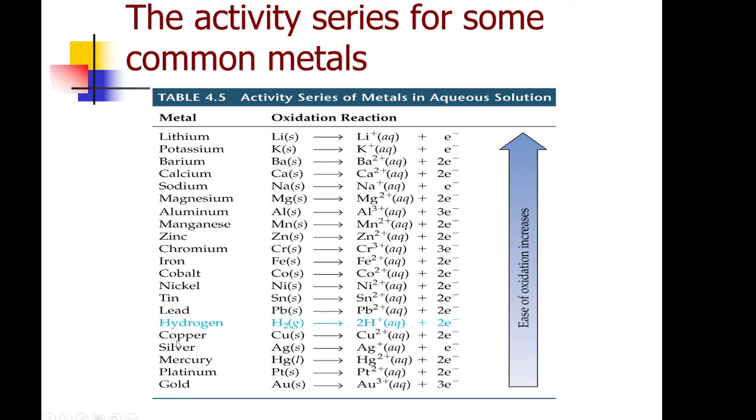If I wanted copper to get oxidized and go into solution, I'd have to put it into a solution of silver, platinum, gold, or mercury. I don't expect you to memorize this or know this. I'm just pointing out that the easiest is lithium, the hardest is gold. If I want to oxidize something, it's got to be underneath whatever I'm trying to oxidize.